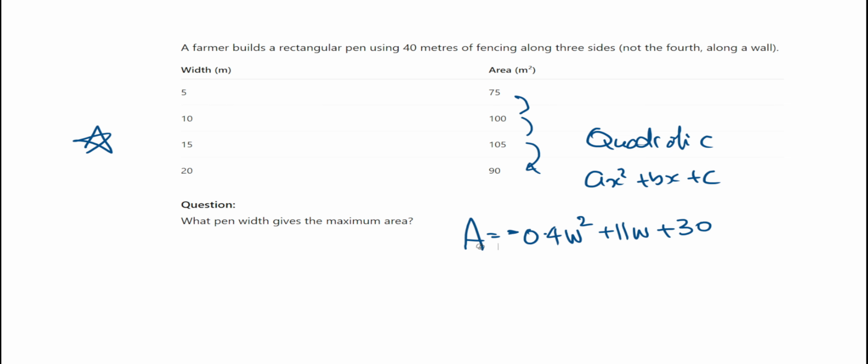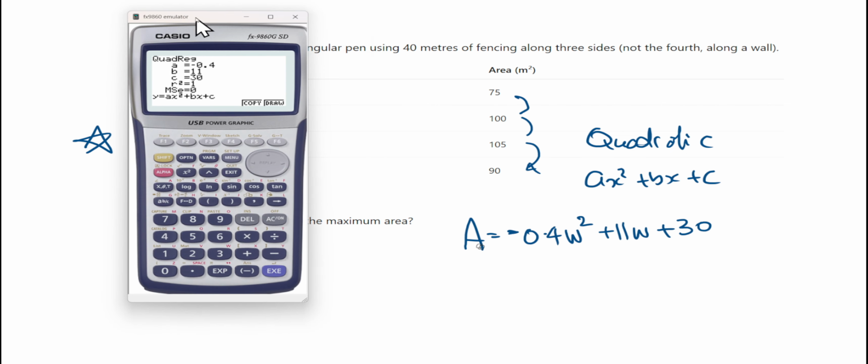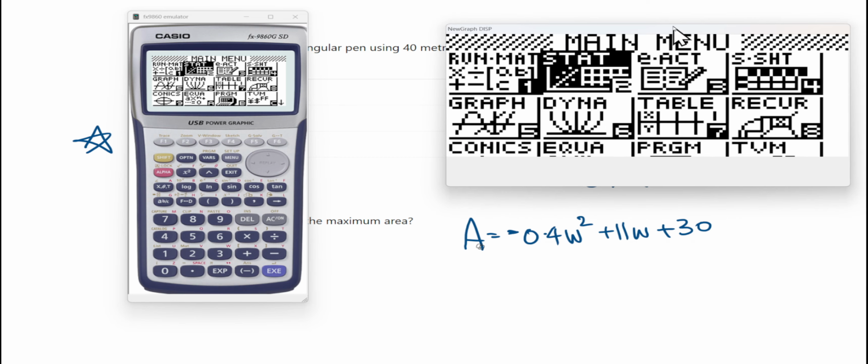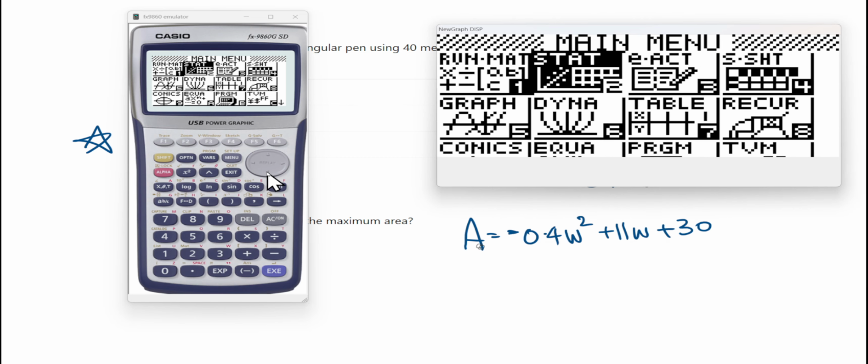So once we've done that, we can find the maxima, and we'll probably just go into grapher for that.